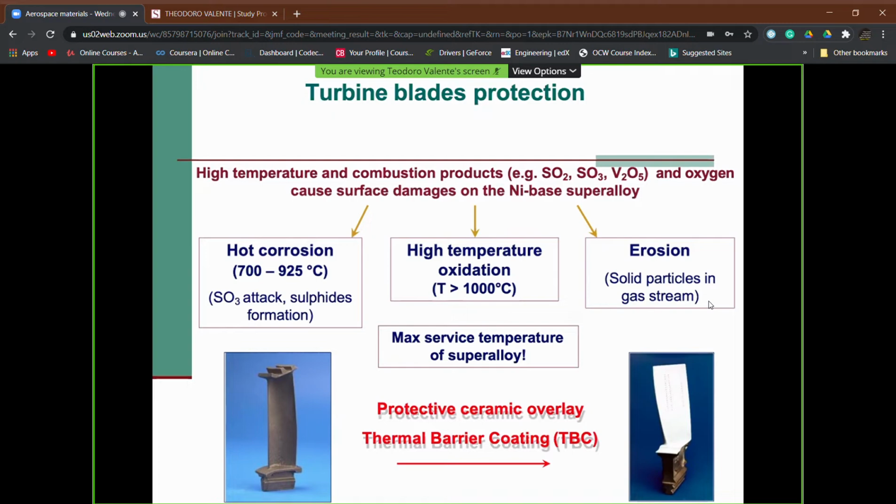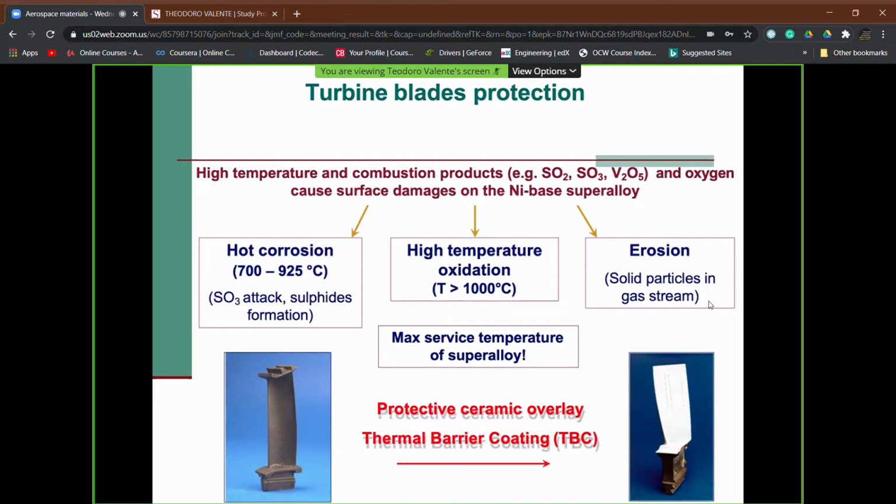That depends on the design philosophy, the USA or the European one, which is considered the highest working temperature of the most performing nickel-based superalloys, in order to have suitable creep resistance of the material itself. So first, the role of the protective coating is to keep the hottest gases from the combustion chamber at a temperature higher than the maximum working temperature of the nickel-based superalloys, these materials being insulating from a thermal point of view.